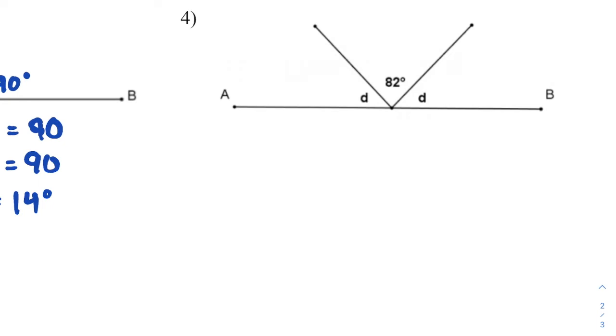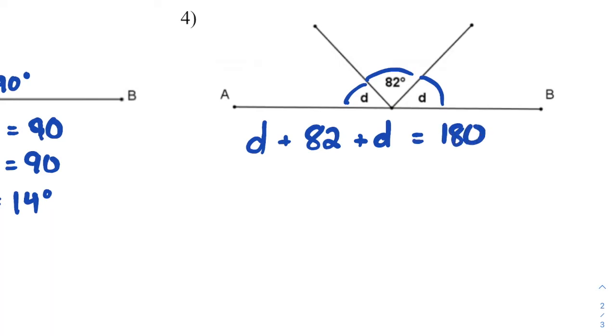Okay, moving on to the next one. Again, I'm seeing a straight line right here. So I know those three angles all together, this angle, and this angle, would have to add to 180 degrees. Angles that form a straight line add to 180. Then we'll solve this out. We can combine like terms: 2d plus 82 equals 180.